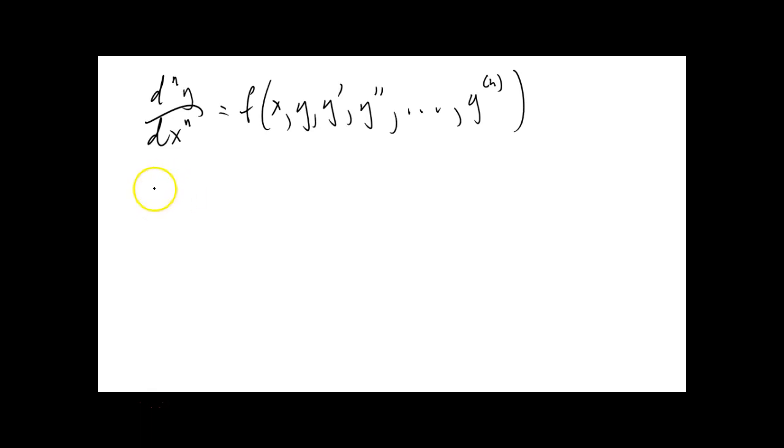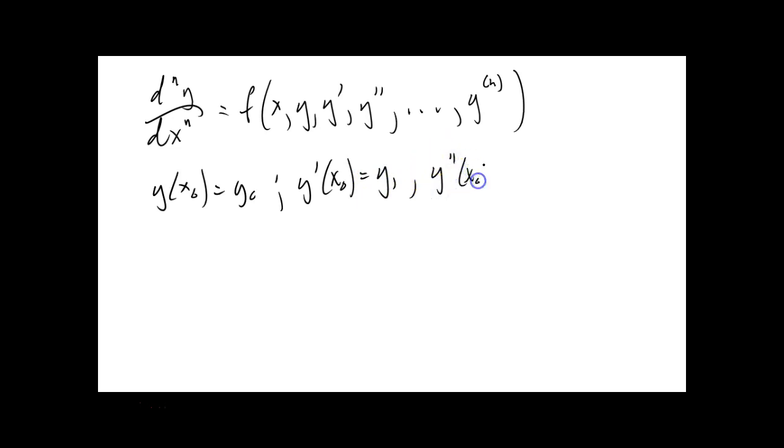And if you put that y of x0 is equal to y0, say, y prime of x0 is equal to y1, y double prime at x0 is equal to y2, dot, dot, dot, and go all the way up to the n minus first derivative of y at the value x0 will then be y sub n minus 1.